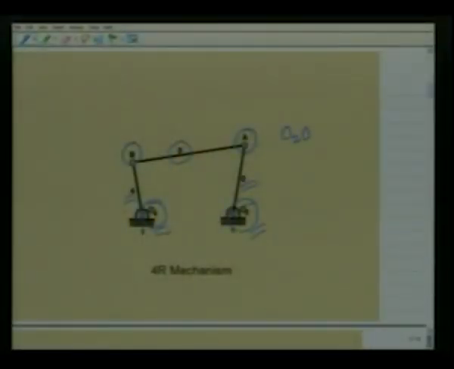Such a 4R mechanism has four kinematic dimensions, namely O2O4, which we represent by say L1, O2A, which we represent by L2, similarly AB equal to L3 and O4B as L4.